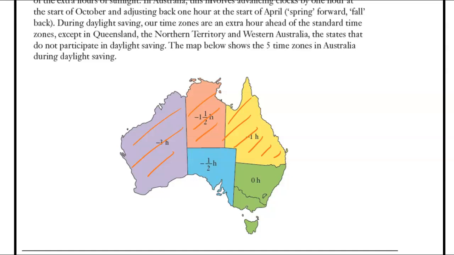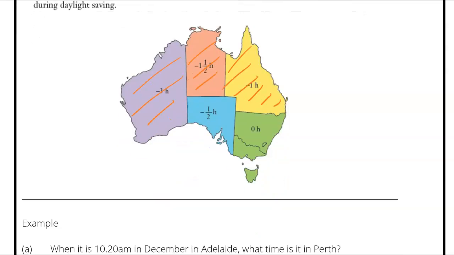And then these four states do daylight saving, and they will be, compared to WA, so if we start, this is compared to Victoria and New South Wales, but if we look at WA, if WA was at 0 time, then you've got 1.5 hours for Northern Territory, but 2.5 hours away for South Australia, and then you've got 2 hours away for Queensland, but for every other place it's 3 hours difference.